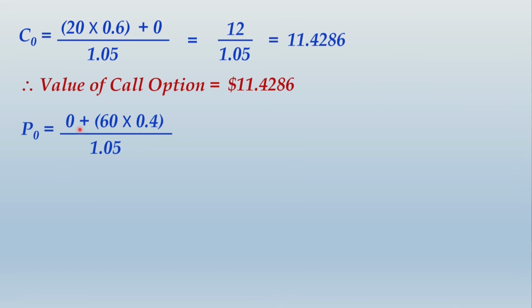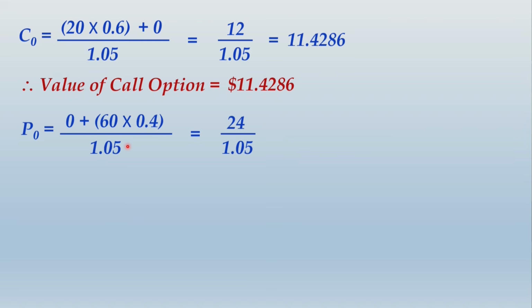When you similarly go for computation of the put option value P0, it will be the value of put when the price goes up into the probability of up move, which will be 0 because the value of put itself is 0, but the value of put when the price goes down multiplied by the probability of price moving down, so 60 into 0.4, that will be the value by the end of the period, and dividing it by the risk free investment factor, it will give you the present value of the put, which is P0.